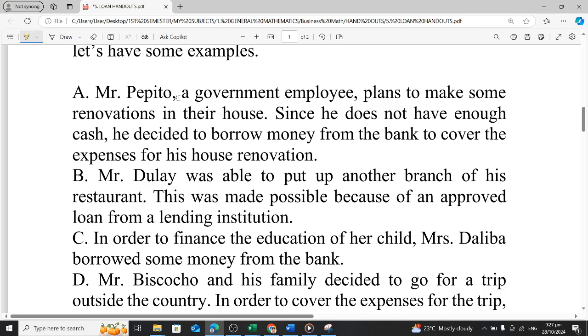So, gusto siya mag-renovate sa ilang balay. But since wala man siya cash, gusto siya mangutang sa bangko. This is for personal purposes. Meaning to say, this is an example of a consumer loan.